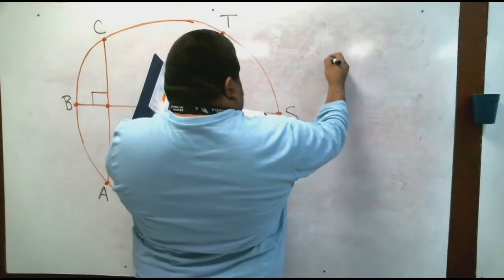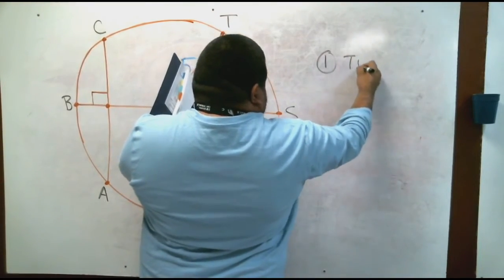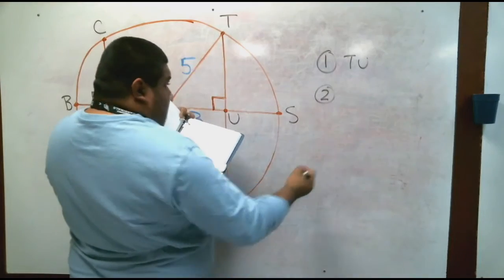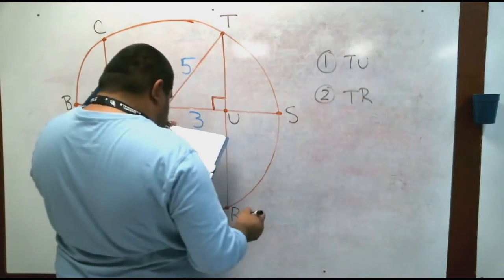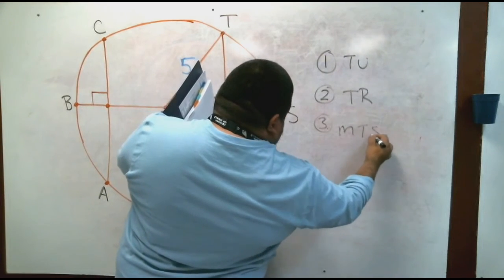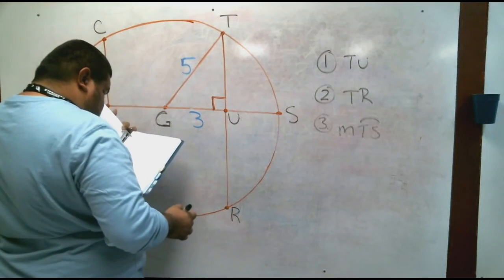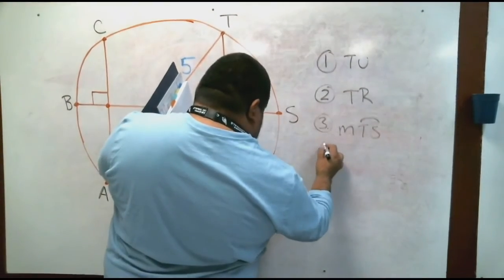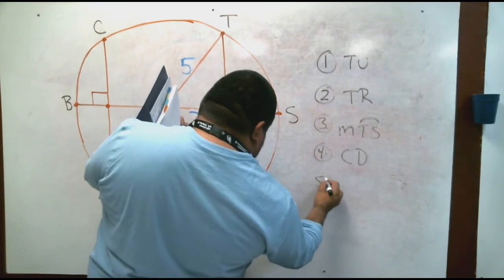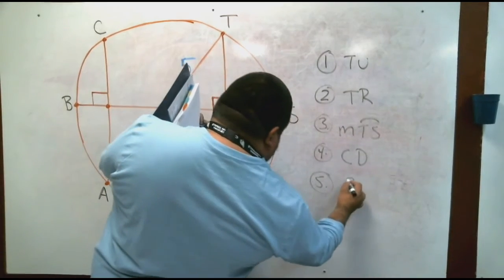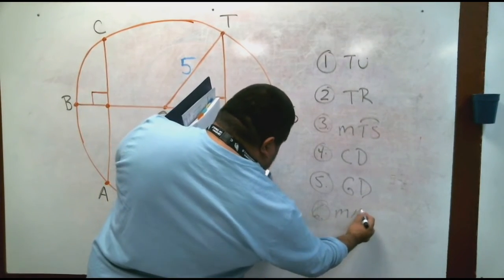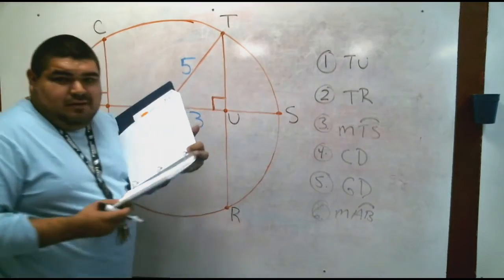All you have to do is find the value of TU, the value of TR, the measurement of arc TS, CD, GD, and finally the last one, the measurement of arc AB, okay?